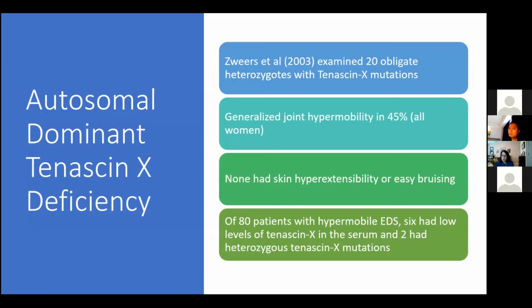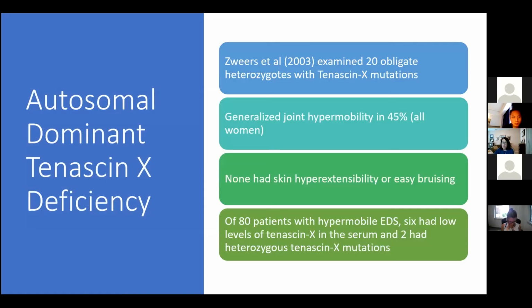There is an autosomal dominant form of tenascin X deficiency. There's a paper from 2003 in which Zweers and colleagues looked at 20 obligate heterozygotes with tenascin X mutations. And they saw generalized joint hypermobility in 45% of these obligate heterozygotes.